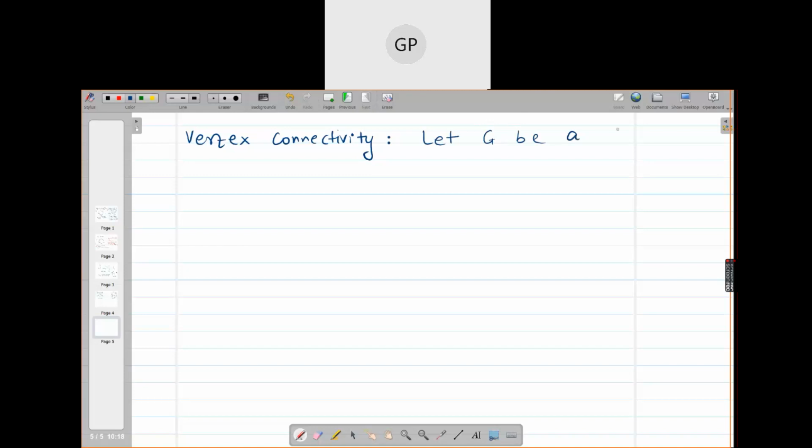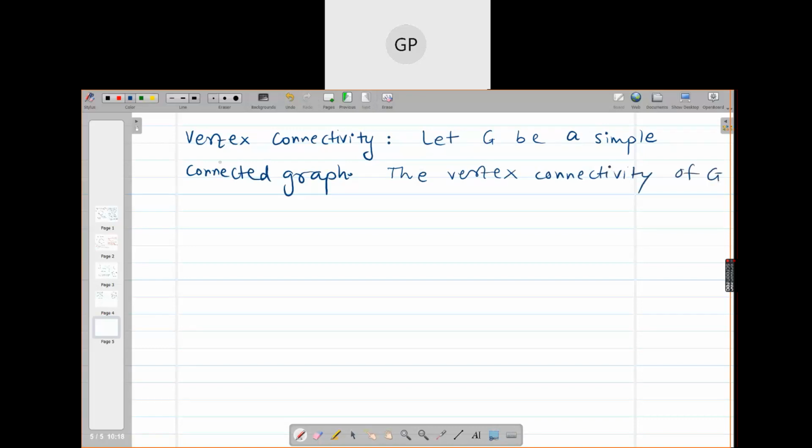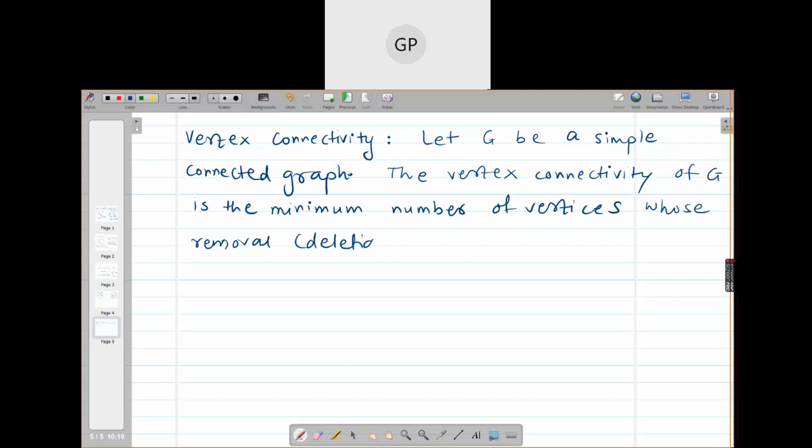Let G be a simple connected graph. The vertex connectivity of G is the minimum number of vertices whose removal, or you can say deletion, from G leaves either a disconnected graph.